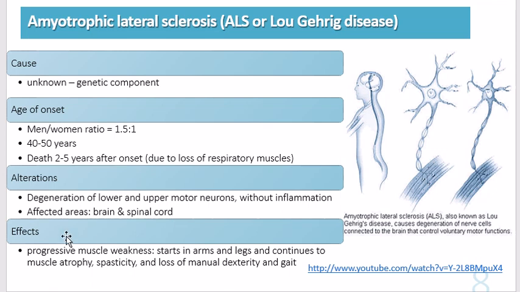These are the initial areas that are affected because everything that would need to be supplied by these areas ends up being affected too. If you look at this diagram here, we have a normal, healthy-looking neuron supplying a muscle, but in ALS, we get degeneration of that neuron and subsequent degeneration and loss of function of the muscle that it supplies. So ALS affects control of voluntary motor functions.